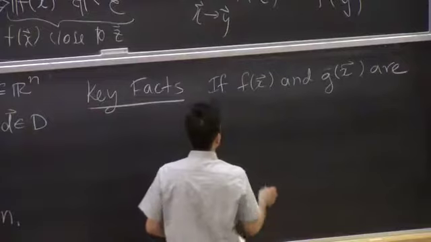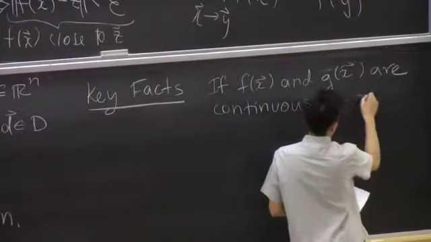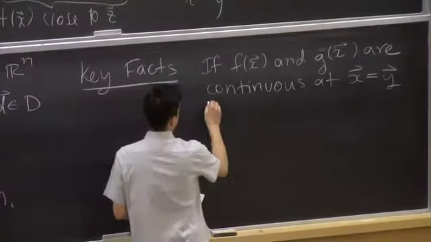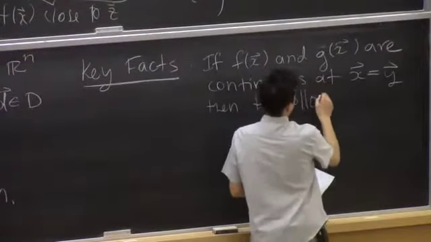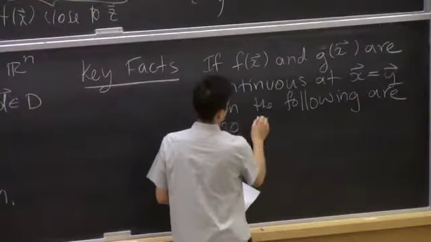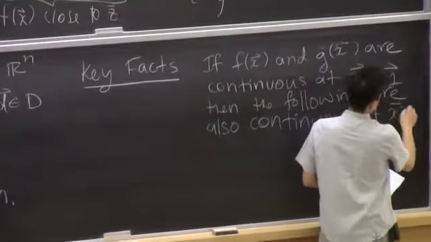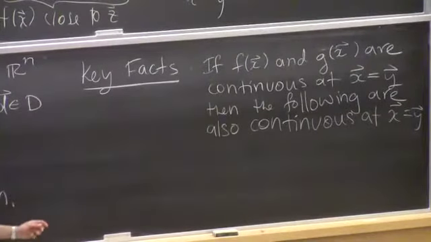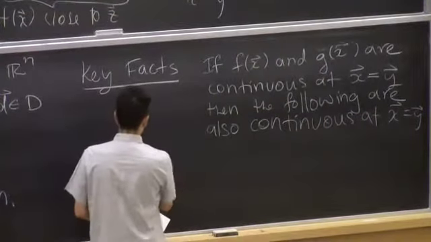If we've got two functions that are continuous at a particular point, then the following are also continuous at that point.